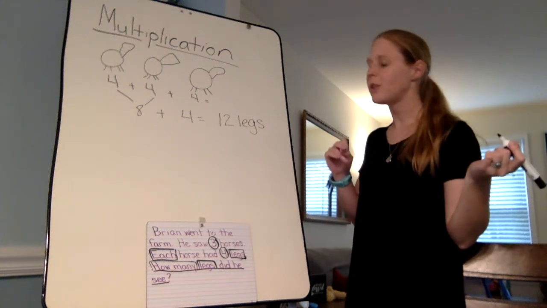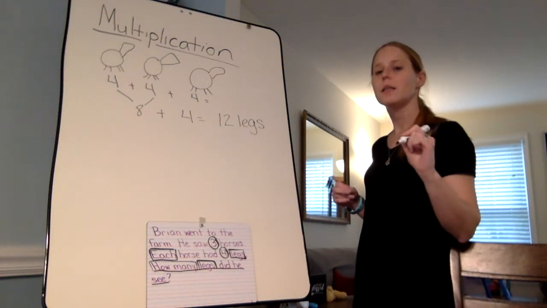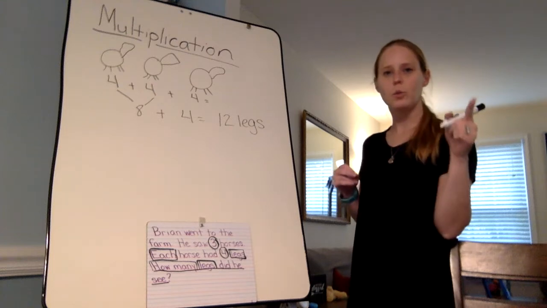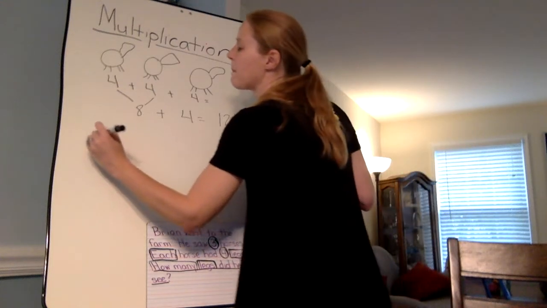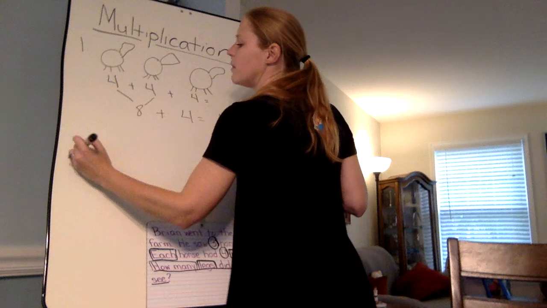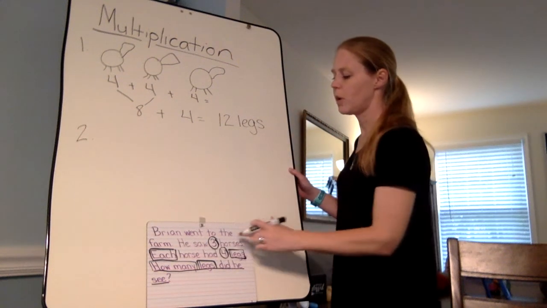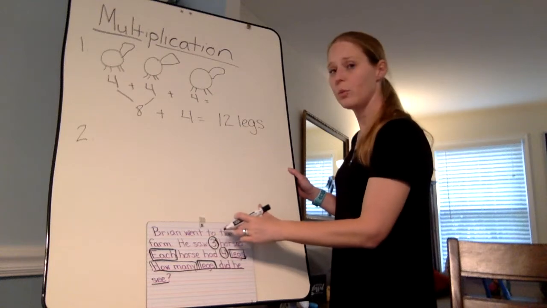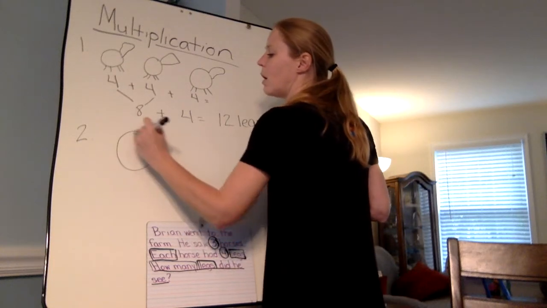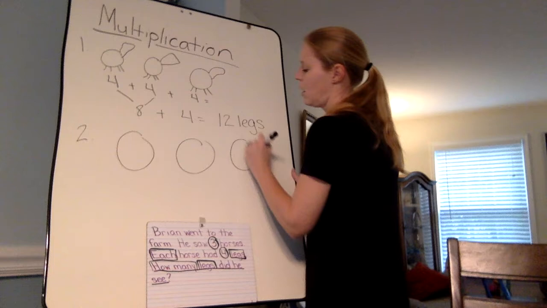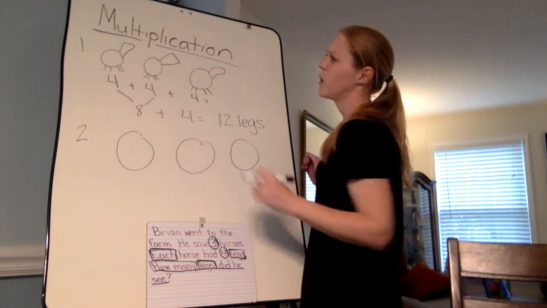Draw it out. Another strategy that you can use is something that we've done quite a bit of, and that's loops and groups. So this is strategy 1. Strategy 2, you can do loops and groups. So you would have 3 loops, and this would be like my lovely picture up here.